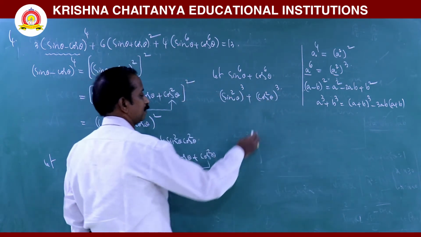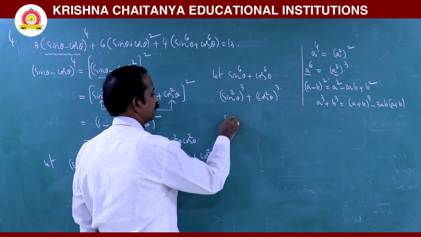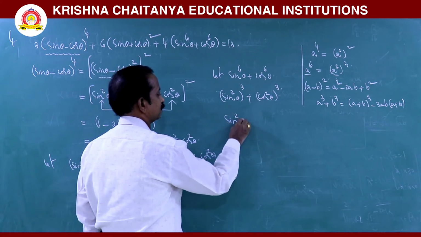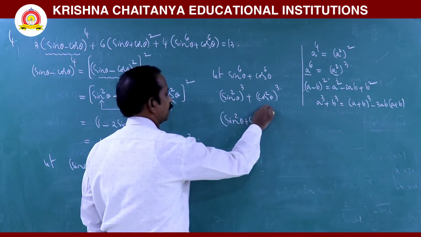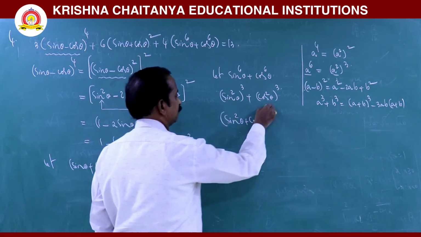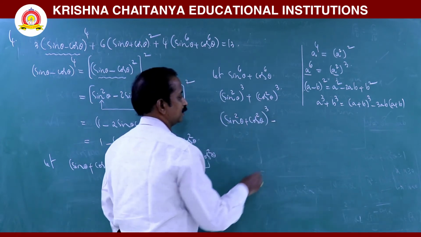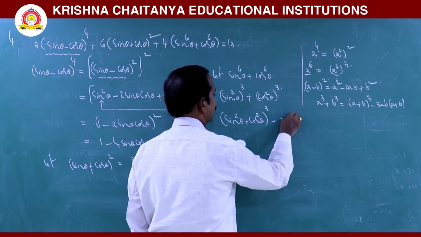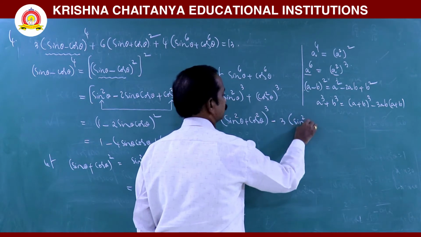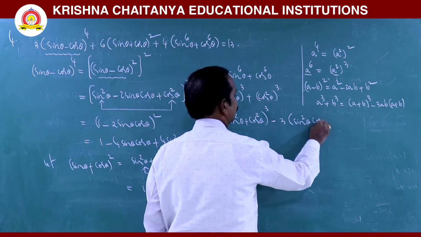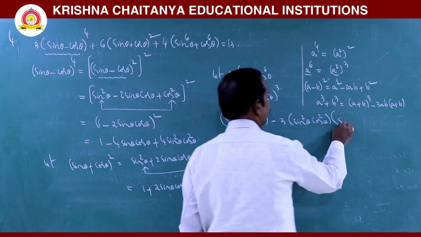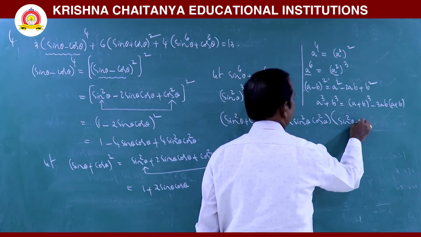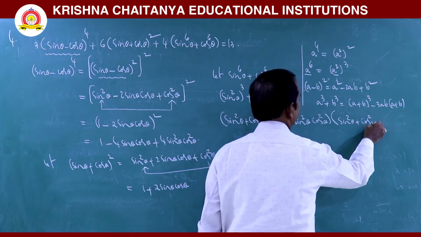So we can write (sin square theta plus cos square theta) whole cube minus 3 sin square theta cos square theta into (sin square theta plus cos square theta).